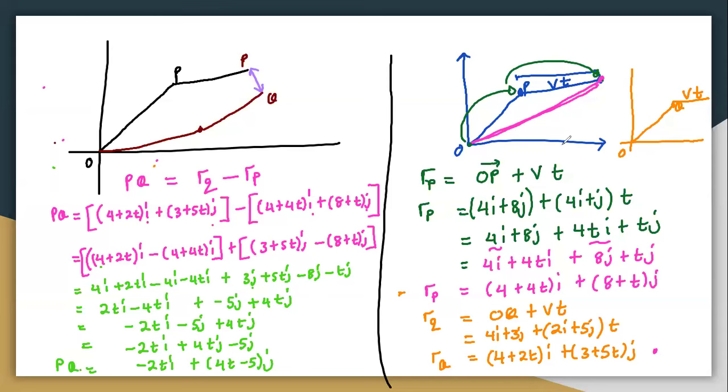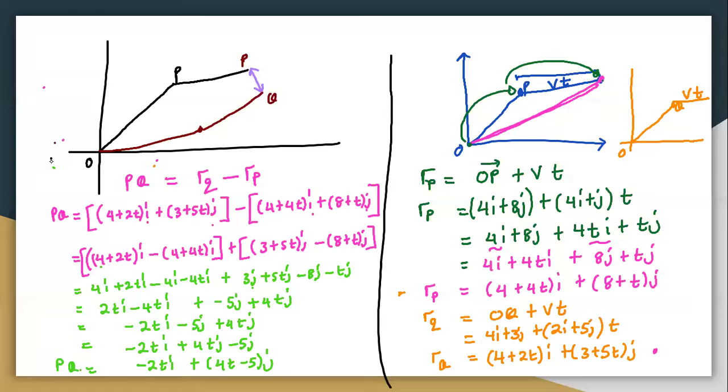Teacher, I'm kindly requesting you to re-echo something, the position vectors at a certain time t. I don't know the reason why we used the RQ and RP to get PQ.